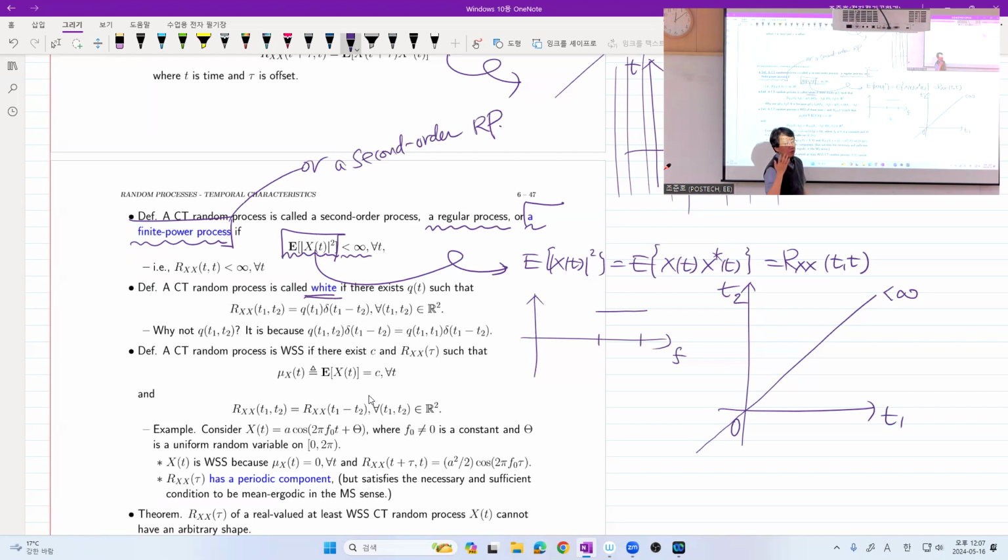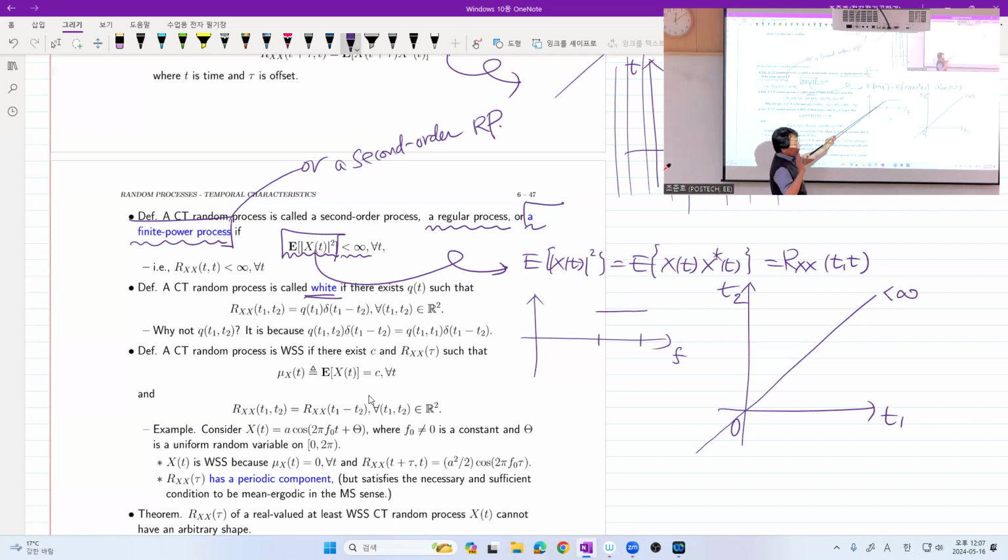What about a white random process? Of course, in order to talk about this one, we need the notion of power spectrum. We haven't yet learned it. We will cover that topic in the next chapter when we talk about the spectral characterization, or characteristics, of a random process. But just let's generalize.